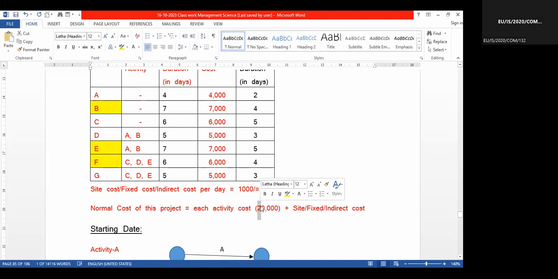Students, 40 and 14 are different. You have to say 40,000 carefully.